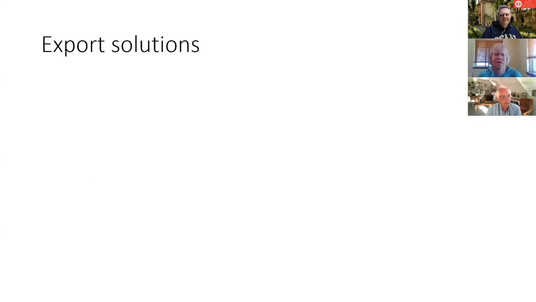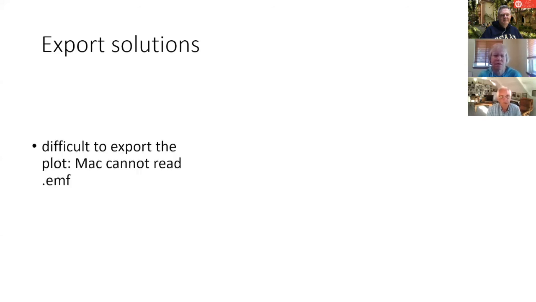Another aspect of this work is then exporting what I find. Once I've found ways of sorting it, export it into a format that Reiner can use or other people can use. And so really what we're interested in is some sort of standard way of exporting stuff which is not custom made. One difficulty I've had is that there are so-called EMF files.